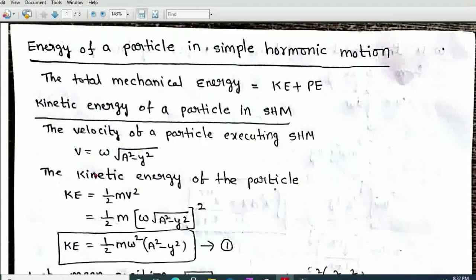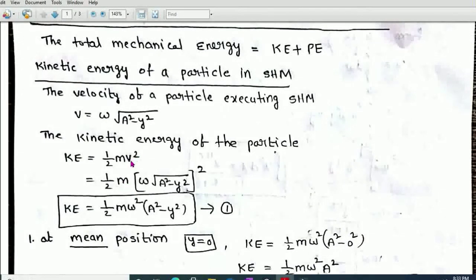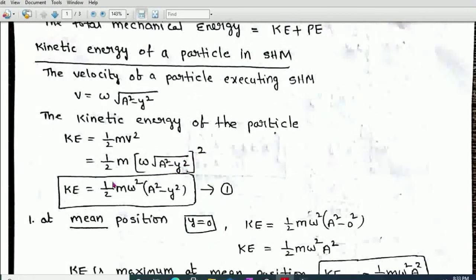Now we know that the kinetic energy KE is equal to ½mv², where m is the mass of the particle and v is the velocity of the particle. We already know the formula for velocity, so let us substitute the value. v is ω times root of (A² − y²), whole squared.